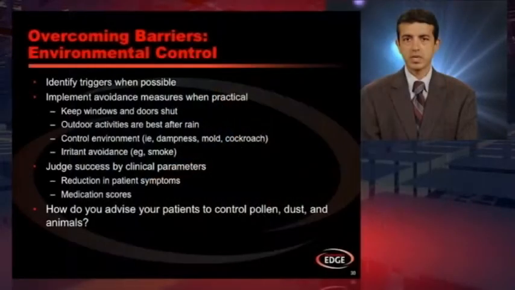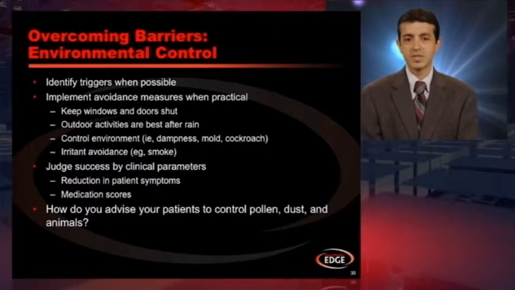What about environmental control and patient education? We need to identify the triggers when possible that can help us tailor therapy. Implement avoidance measures when practical, such as washing the cat every week is not overly practical, but keeping windows and doors shut on high pollen days is very doable.